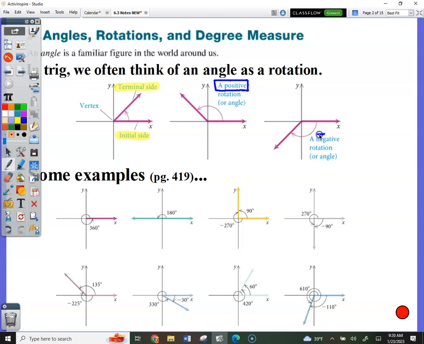That's because this is a negative angle rotation. So the difference is this one went this direction, and this one went in this direction. Now we need to tie those to words that you already know. You've got clockwise and counterclockwise. You've got to go back to an analog clock.